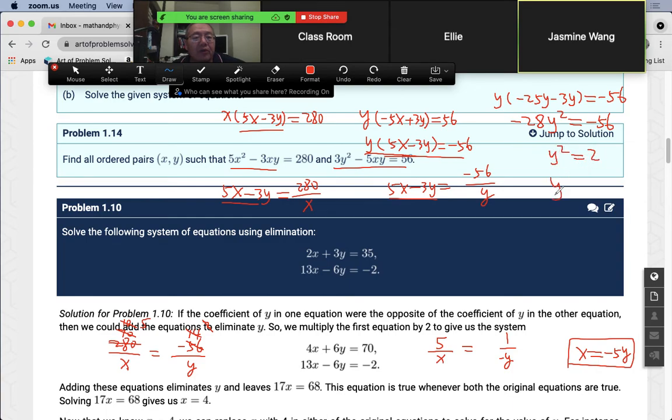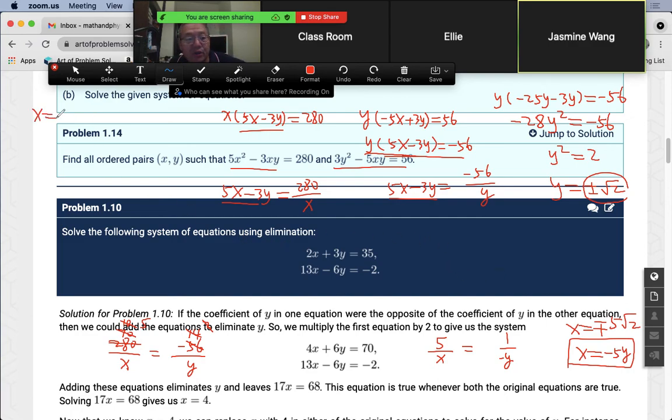So therefore, you get y equals plus or minus root 2. Okay? You plug into here, you get x equals negative or positive 5 root 2. Okay? So then that means we have two sets of solutions.